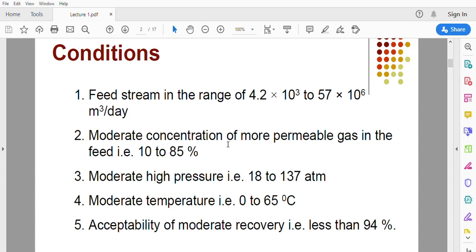So if you are applying this process in an application where 90% recovery is acceptable, or 80% recovery is acceptable, then you can use this process. Otherwise, if you want to separate 100% of the gas or 99% of the gas, then this process cannot be used.